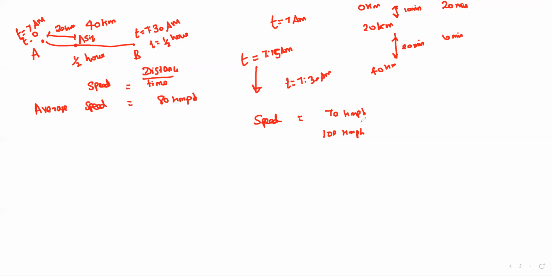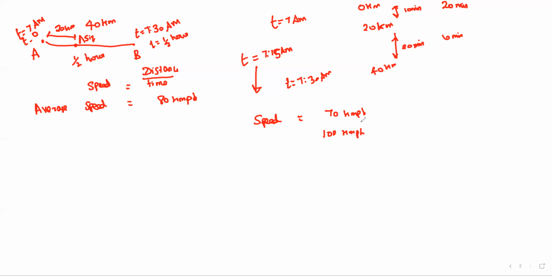Okay. In that case, say for example, if that speedometer is not working, the only way you can find the speed is by using mathematical calculation. But we shouldn't apply the calculation for the entire travel.